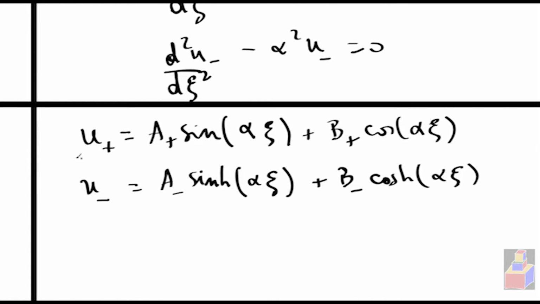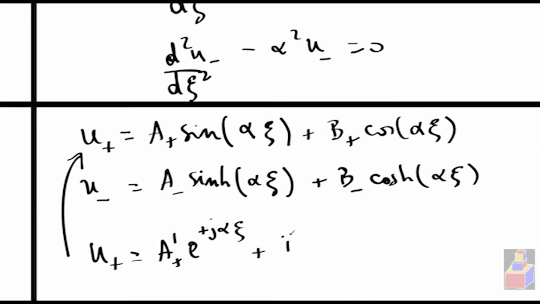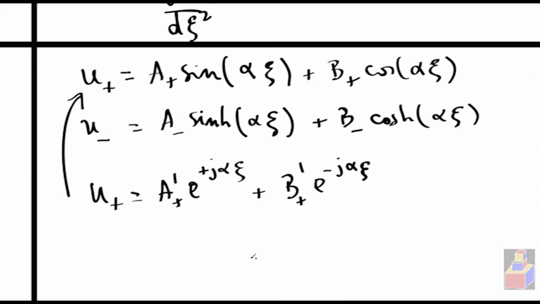For instance, I could express U plus like this, with different constants here, complex exponentials. And also the hyperbolic functions could be expressed as a combination of real exponentials, like so.